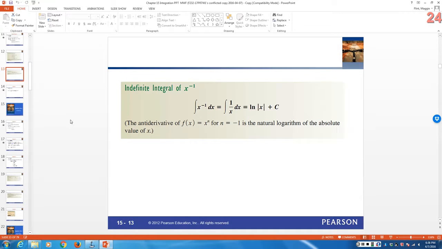So since we're going backwards, the integral, the antiderivative and integral are the same thing. The antiderivative of 1 over x is the natural log of the absolute value of x. And that's x to the -1 taken care of. So if you've got that, it's actually very easy to take the derivative of it.